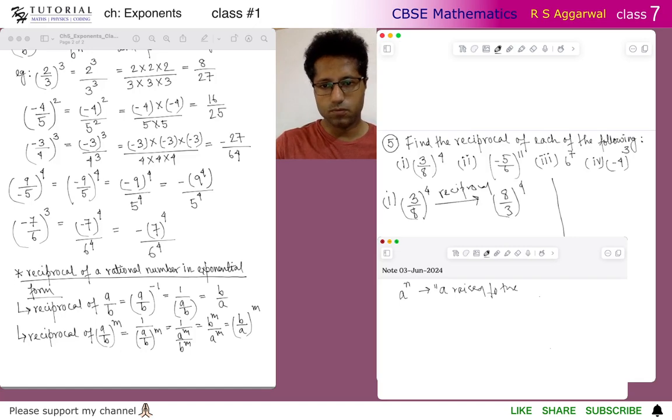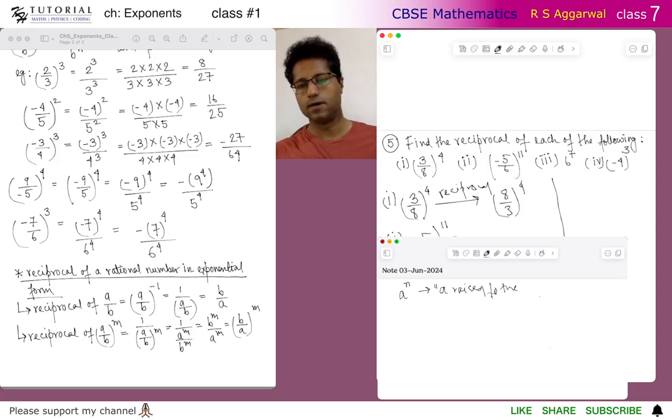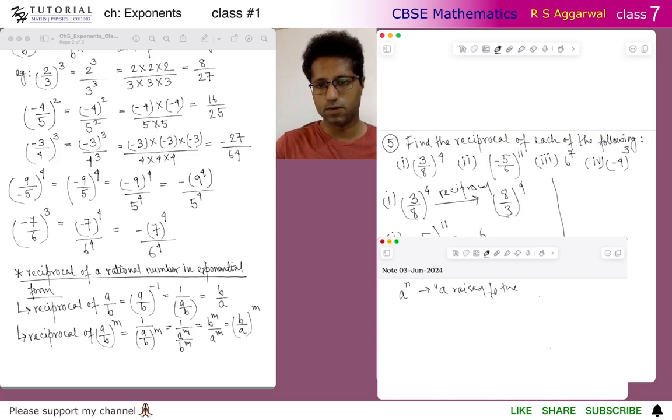Similarly, minus 5 by 6 raised to the power 11: you take the reciprocal of the rational number and keep the power the same. The reciprocal of minus 5 by 6 is 6 by minus 5, reversing the numerator and denominator, and you keep the power the same.